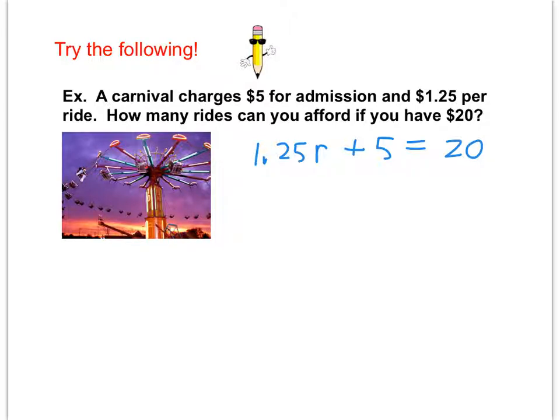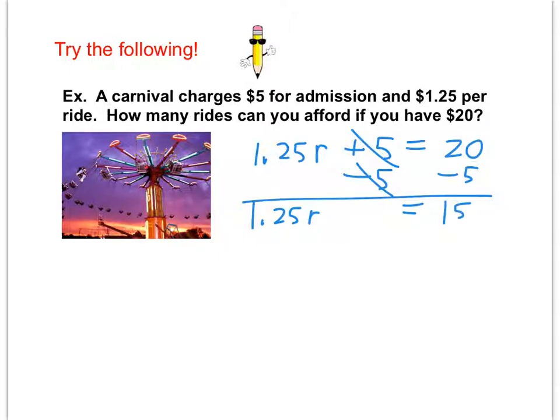So our first step, subtract 5, which gives us 15. My last step, divide by $1.25. So this would equal 1R. Now we can always do this on the side here.